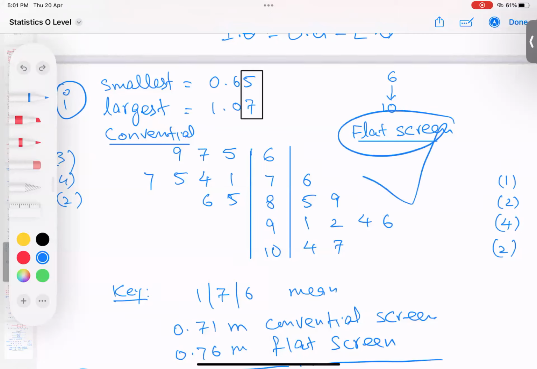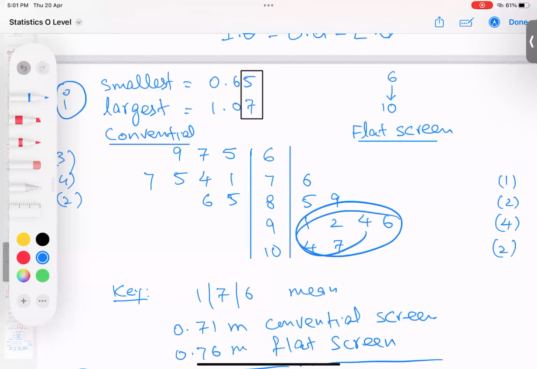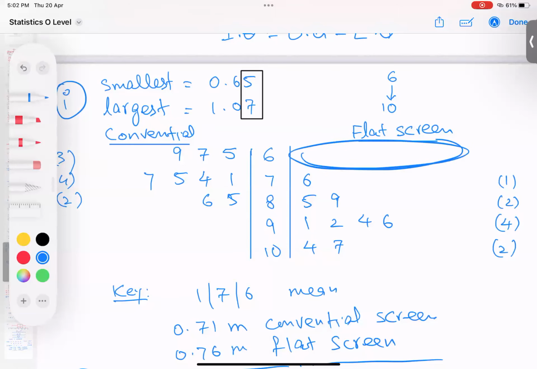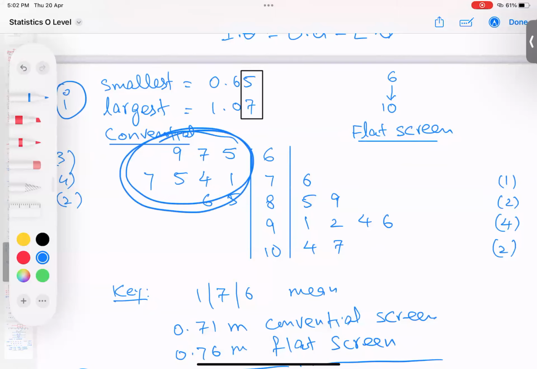But flat screens, as advancement came in technology, you see that the screens are becoming bigger and bigger, and smaller screens are less in production because people have no demand for small screens. But for conventional ones, by default, the company made small screens, and large ones were very expensive at that time. That is why there is no data here. No data, empty, means there is no large size.